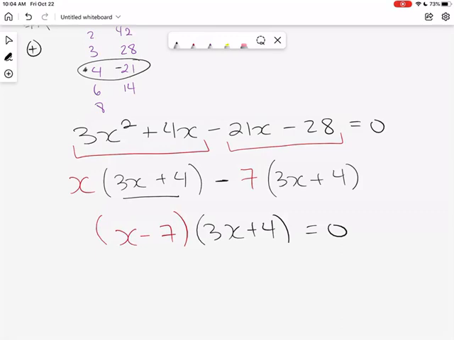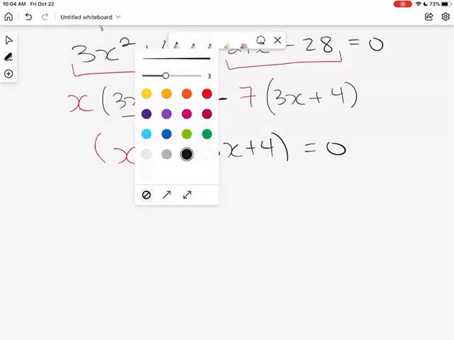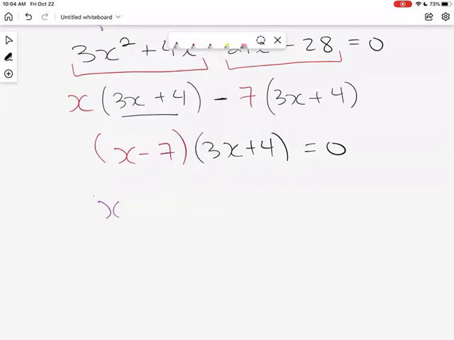And I know that this expression is going to equal 0. So either x minus 7 equals 0 or 3x plus 4 equals 0. And so when I go to solve this, I'm going to get x equals 7.